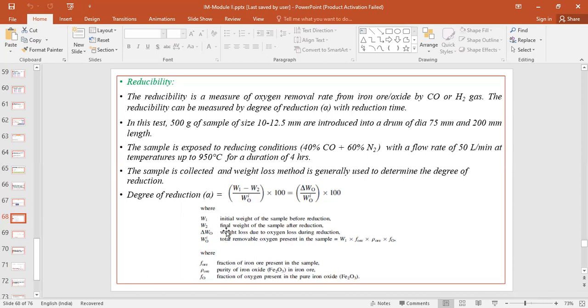To calculate the total removable oxygen present in the sample, this is the formula again. So from this we can find out the degree of reduction.